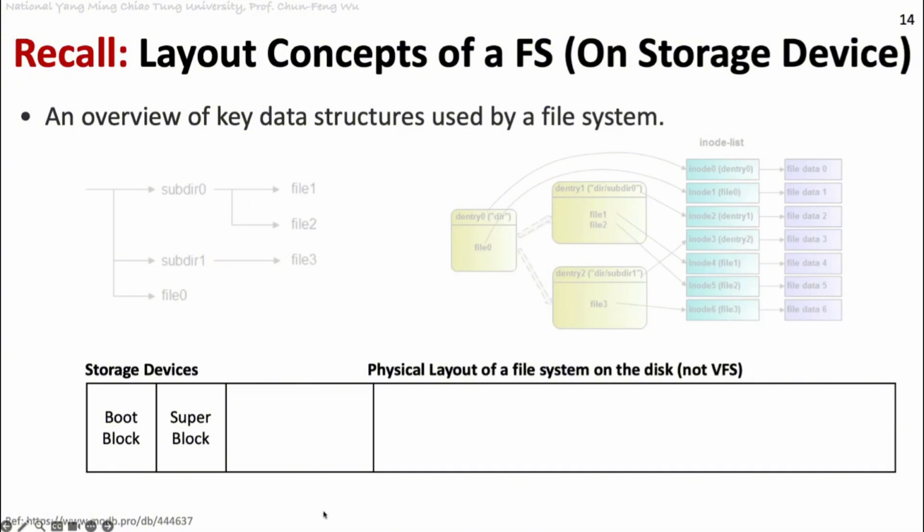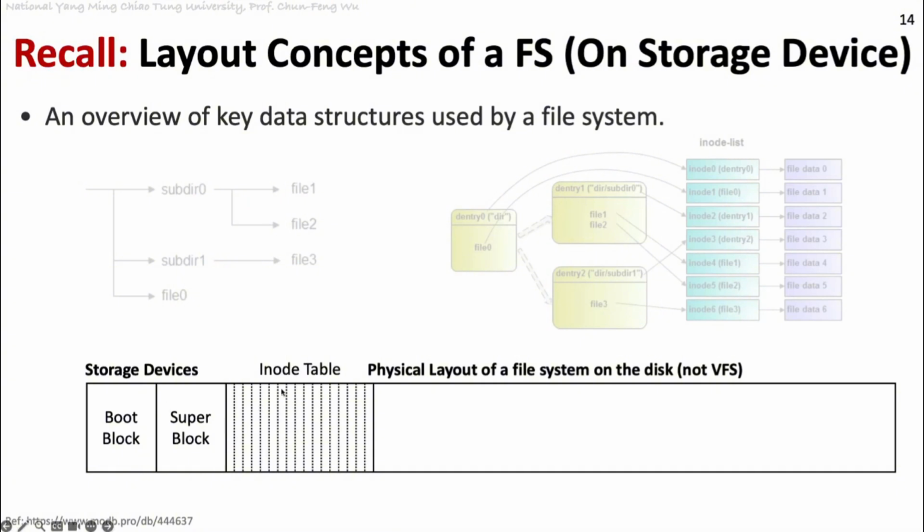It is also possible to partition the storage device into two disk partitions and give them different file systems. So on the same disk, it is possible to have more than one file system. This is just interesting to let you know.